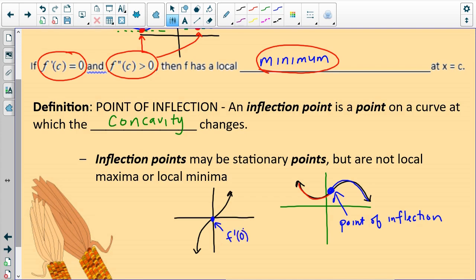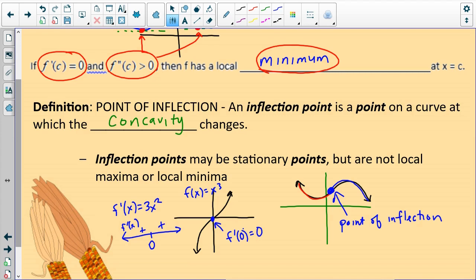So f prime of 0 is 0, but it's not a local max or min because if I take a look at the first derivative test, so I called this f of x, which is x cubed. If I take a look at this, f prime is 3x squared. If I make a little chart of f prime, notice that the derivative is always positive.